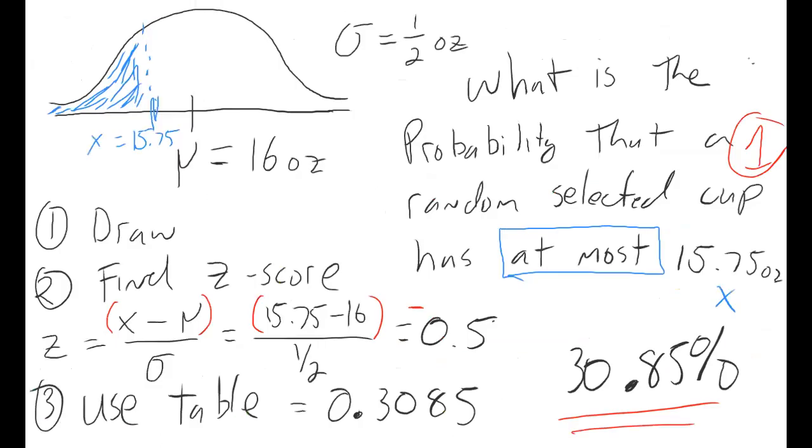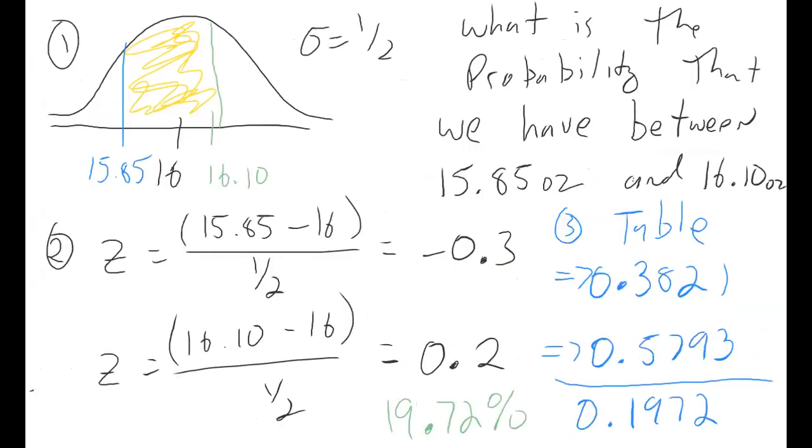What is the probability that a, meaning one, randomly selected cup has 15.5 ounces? I forgot to put that piece in, but on the test and the homework, it definitely says those words very specifically. What is the probability that a randomly selected cup will have between these ounces? That means we just do things the normal way.